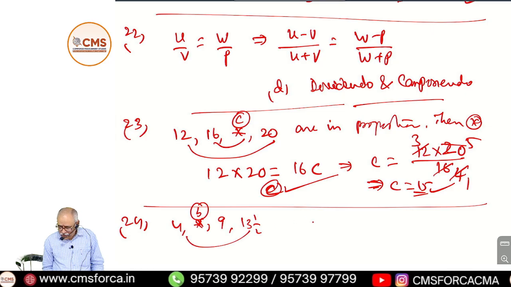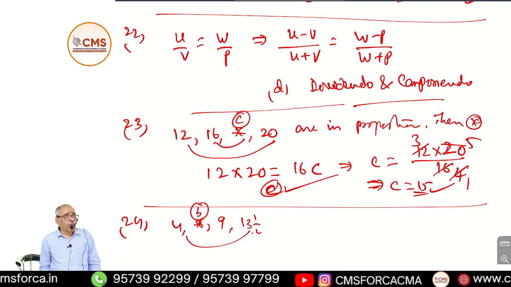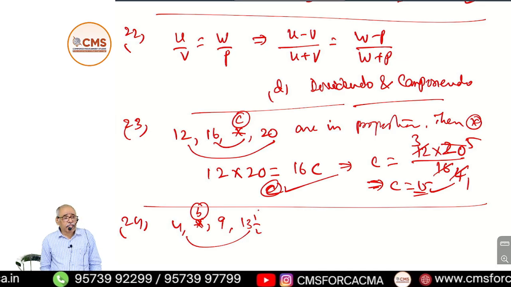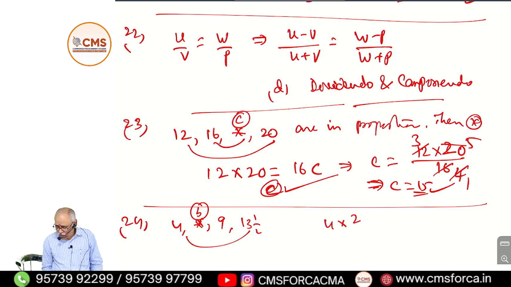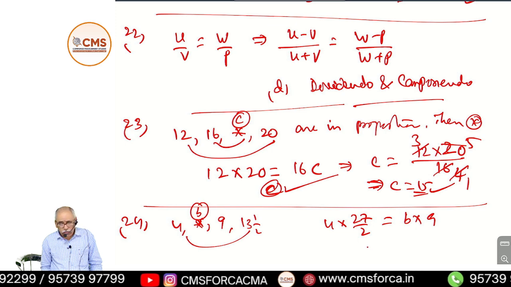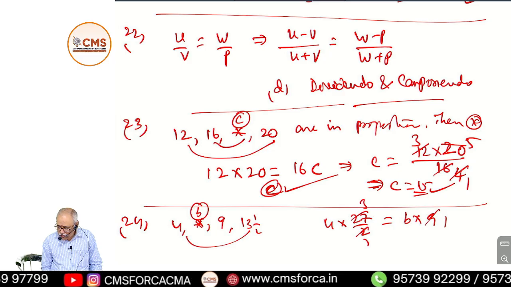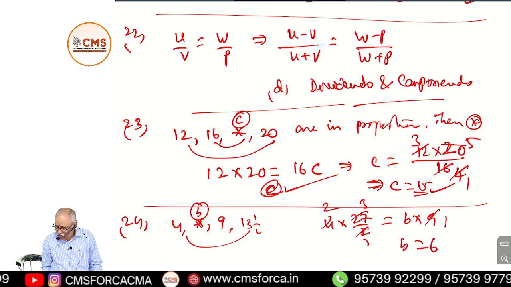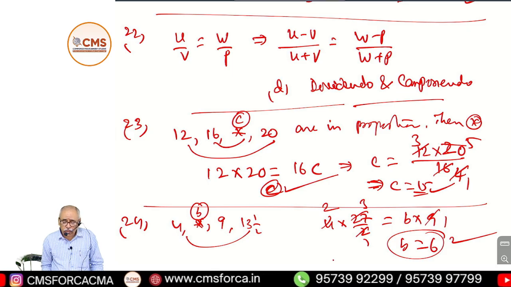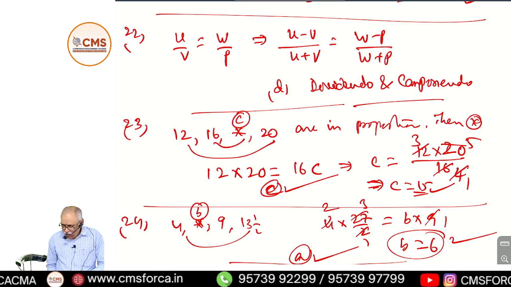Product of extreme terms: the last term is 27 by 2. 4 into 27 by 2 equals b into 9. Can you cancel it? 9 ones are 9, 9 threes are 27, 2 ones are 2, 2 twos are 4. So b is equal to 6. Option A is correct.